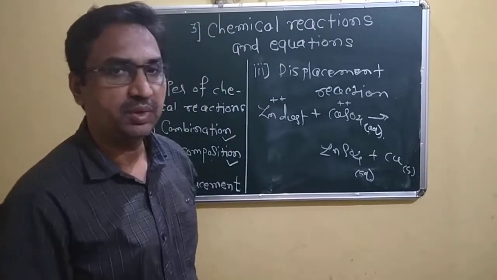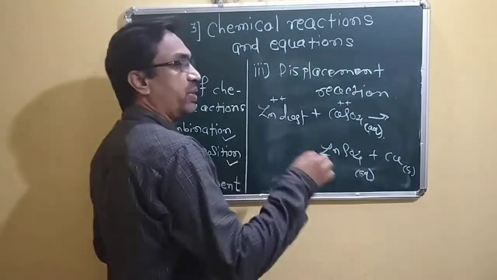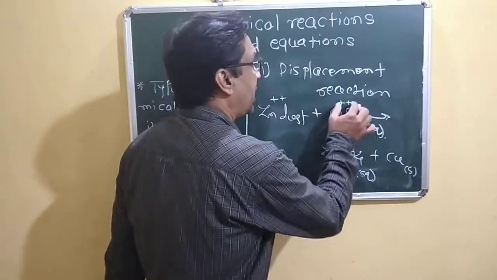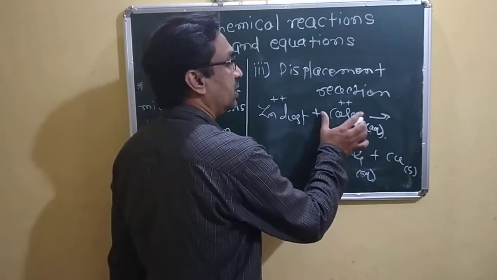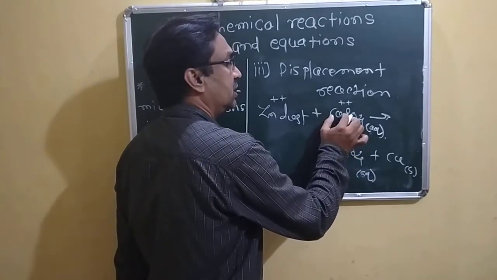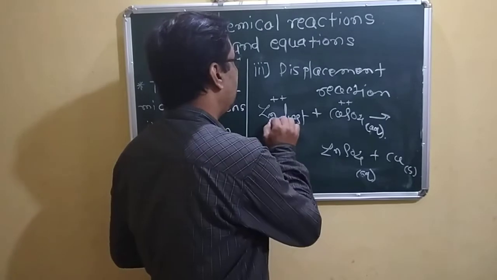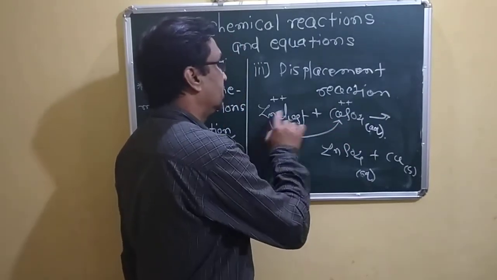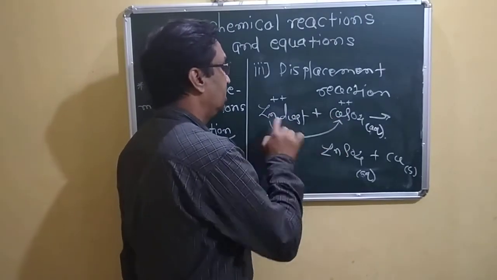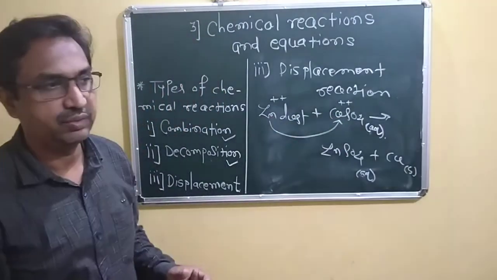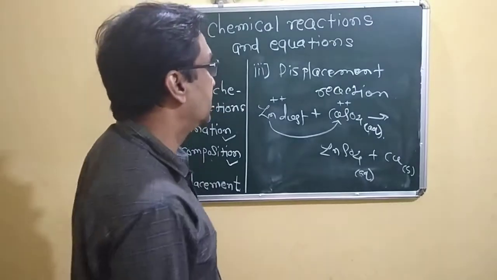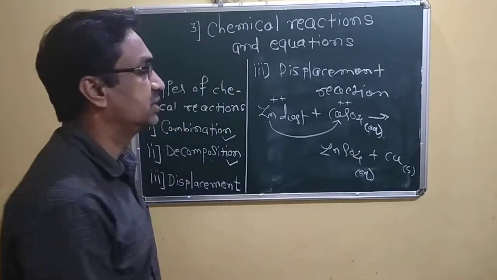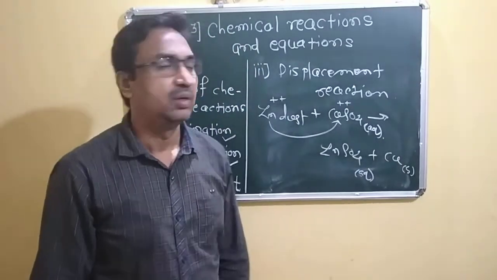Zinc ion is produced from the zinc atom, and the copper ion is formed from copper sulfate, so zinc displaces copper, and the copper's place is taken by the zinc element, which is more reactive than copper. In this way ZnSO4 and copper, these two products, are formed.